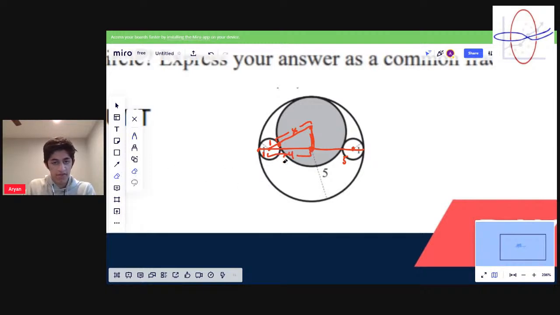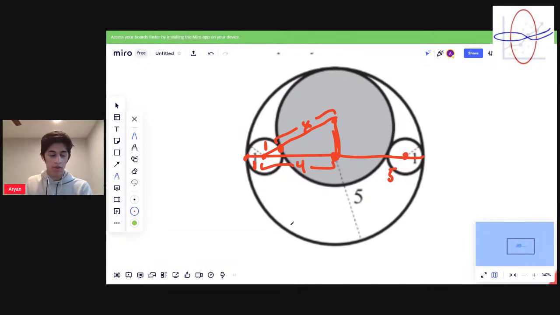If we erase this 5, we know the whole radius of the big circle is 5, and because the small circle has radius 1, we have a side length of 4, as we show here. We also know that this is a 90 degree angle, because you have a chord and the line dropped from the center to that chord, so we know that's perpendicular.